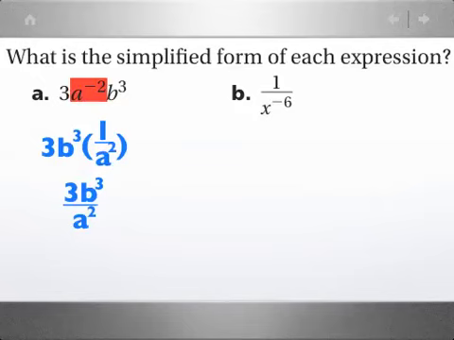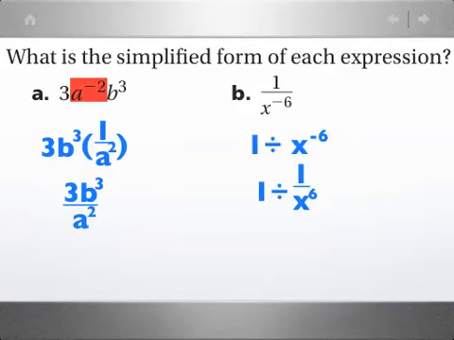The next example, B, is 1 over x to the negative sixth power. I'm going to rewrite this using my division sign, so I have 1 divided by x to the negative sixth. Now I can write x to the negative sixth using a positive exponent by putting it under 1.